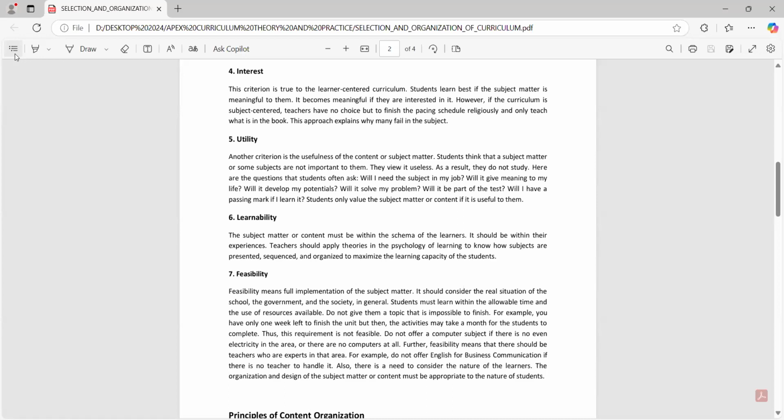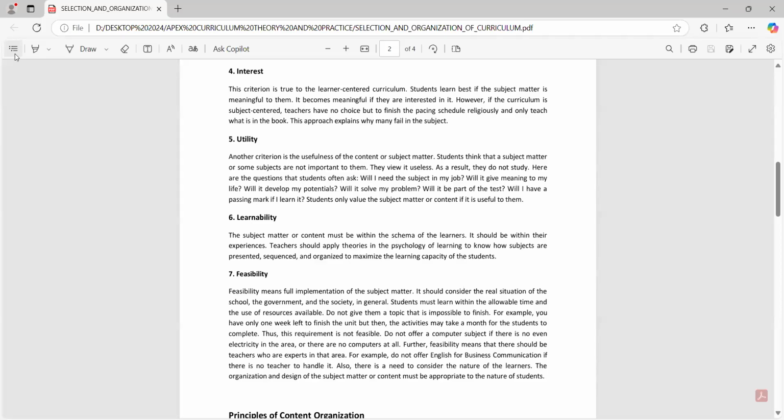So when you select the content, you have to make sure that it can be learned by the learners because it caters to their schema, their cognition, their levels, and there are no gaps, right? That is learnability.